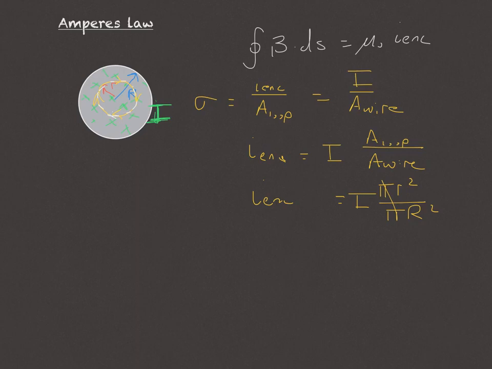So now we can go to our Ampere's law. I'm going to come over here. So we have B dot ds, where our Amperian loop length is 2 pi little r. It's going to be equal to mu naught times that ratio of I times r squared over capital R squared.